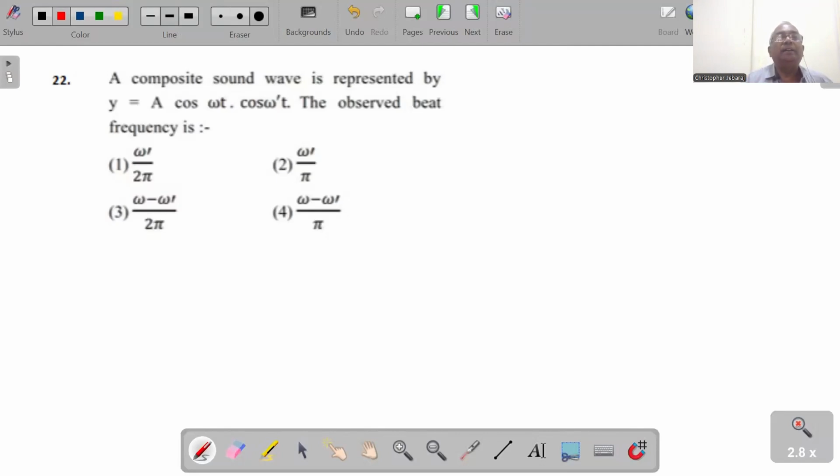We know the formula for cos A cos B. Cos omega t into cos omega dash t is nothing but a by 2 into cos (omega plus omega dash) t plus a by 2 common, cos (omega minus omega dash) t.